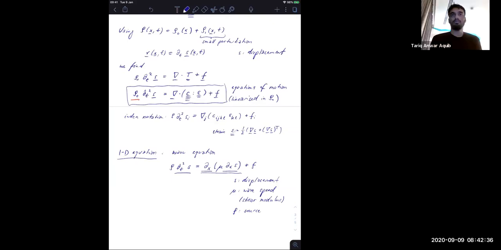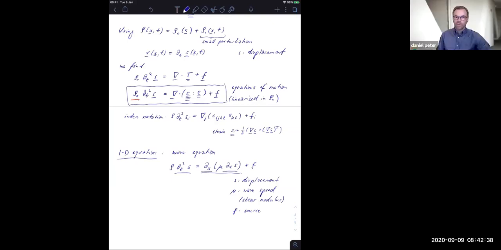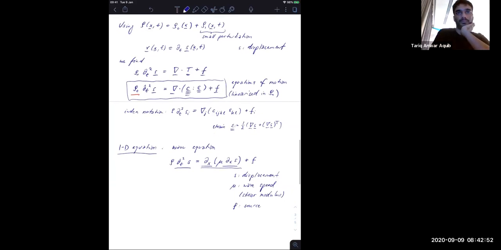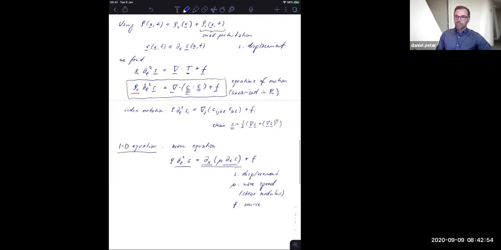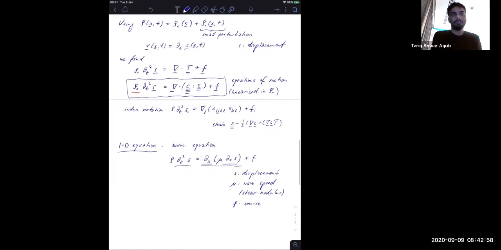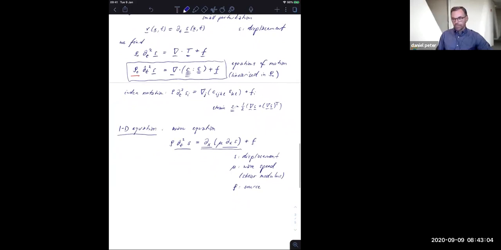The second order derivative with respect to time, and the first order derivatives with respect to space. So clear? Things are clear so far? Yes. Okay.